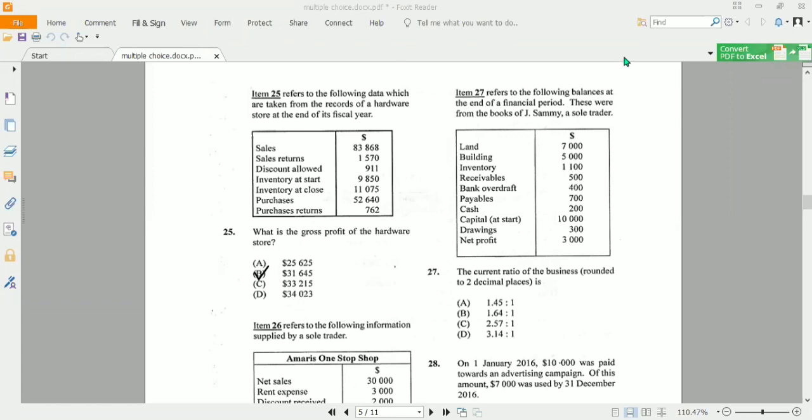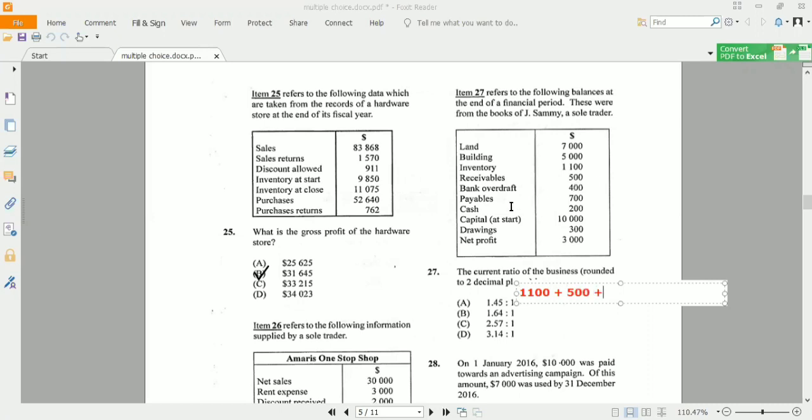And based on that, let me annotate again. So first we're going to calculate our current assets. The first one there that we're picking up is the inventory of 1,100. To that, we're going to add our receivables of 500.